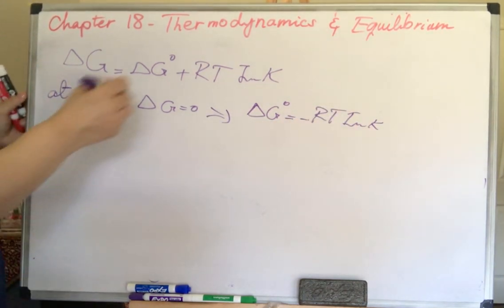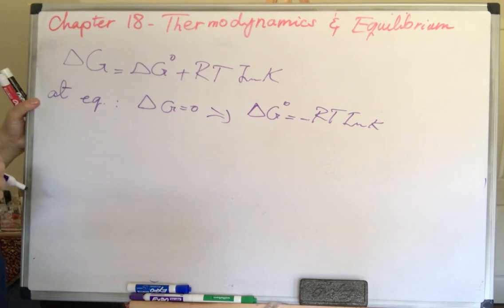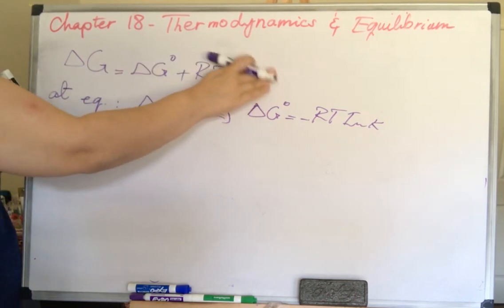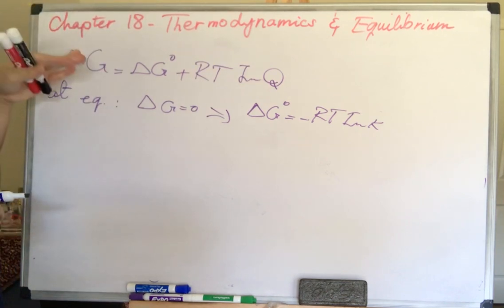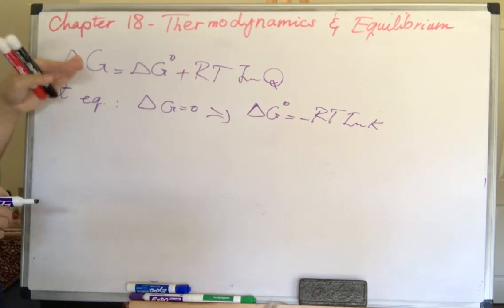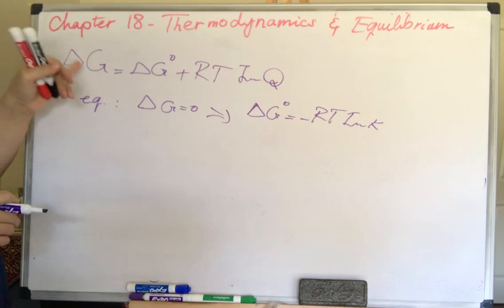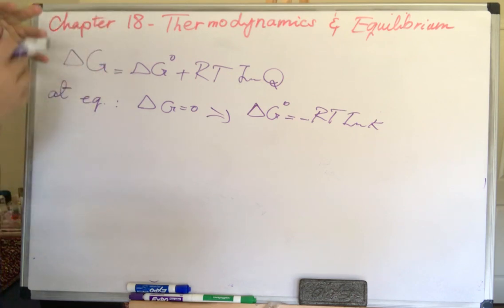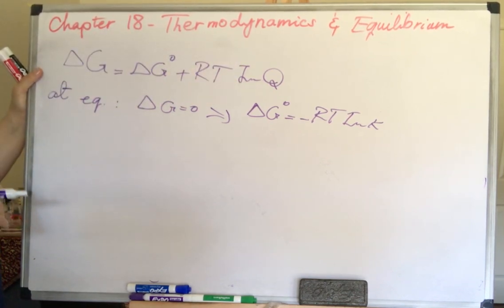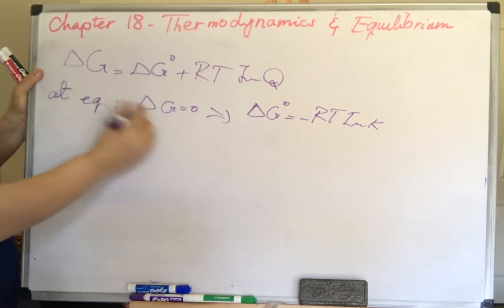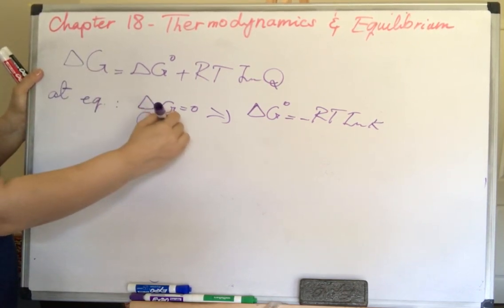Okay? Or let's say, at every moment of the reaction, delta G is delta G standard, whatever we have as a standard for it, plus RT ln Q. And then at equilibrium, because delta G is 0 and Q at equilibrium is K, right?